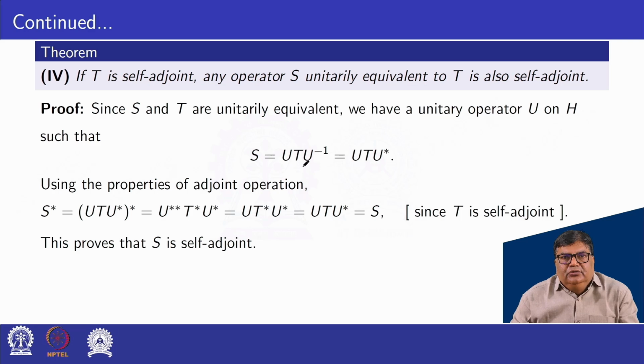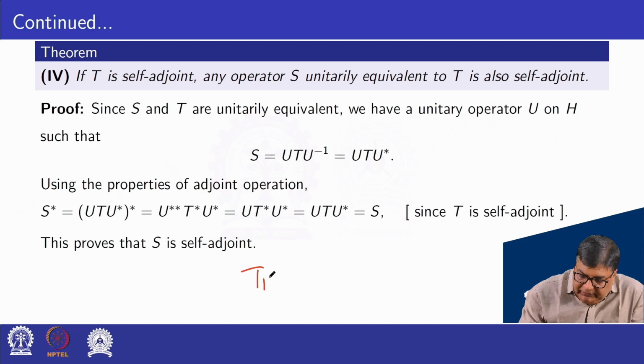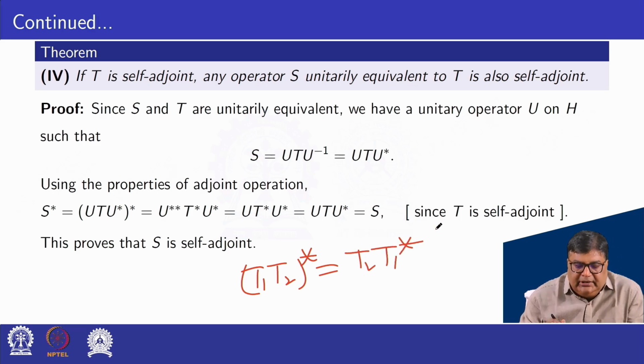Since U is a unitary operator, that is U T U star. Using the properties of the adjoint operation, S star is equal to star of U T U star. This can be written as U double star T star U star, because we know that T1 T2 star is equal to T2 star T1 star.